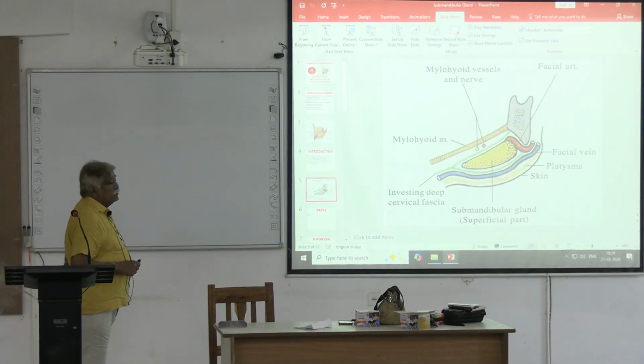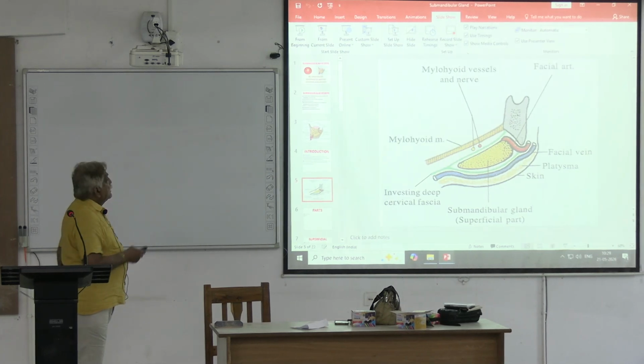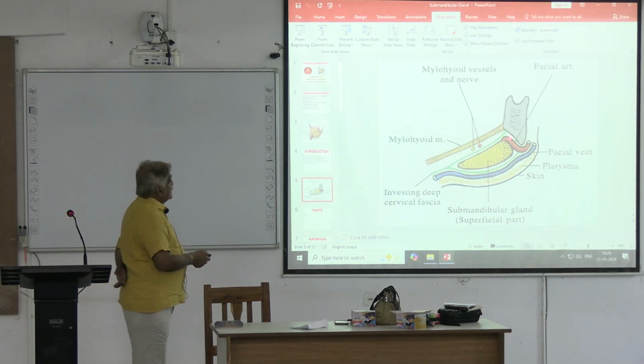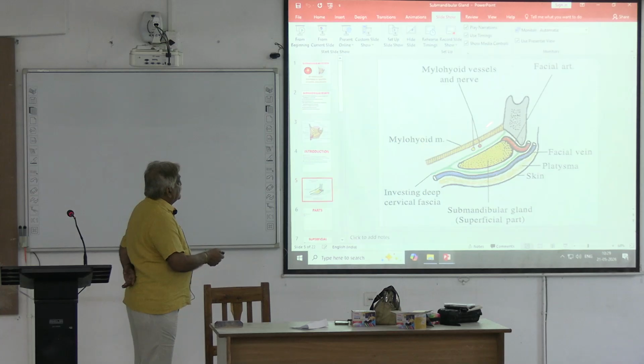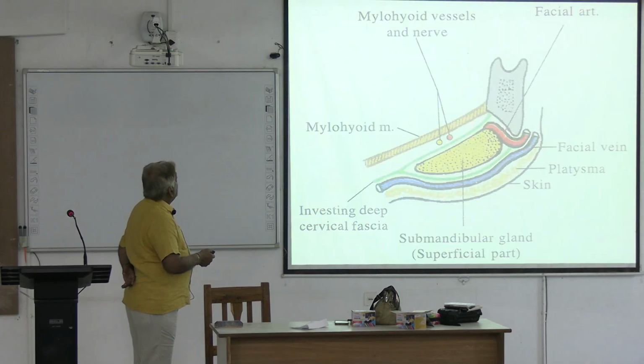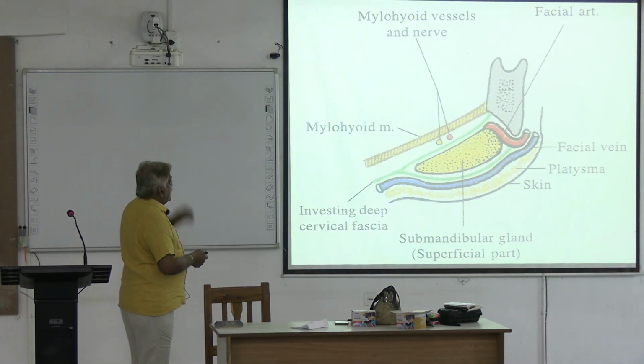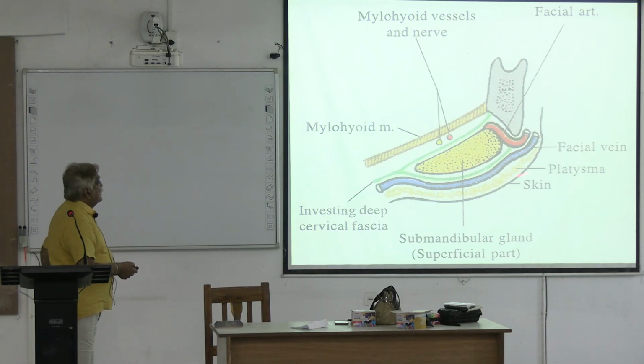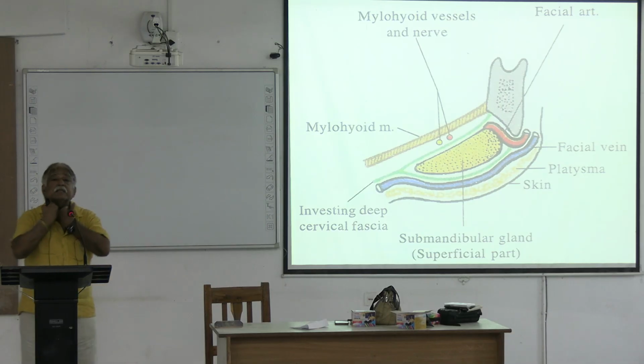This portion: the mylohyoid vessels and nerves here, the mylohyoid muscle. Okay. Now, here the platysma, the muscles in the neck.